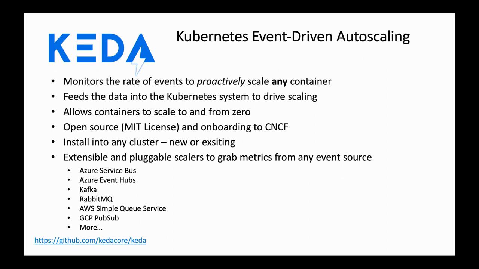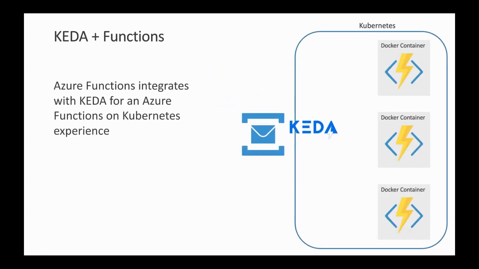I mentioned you can install it onto any cluster, and it has a bunch of event sources. I only listed a few here: Azure Service Bus, Event Hubs, Kafka, RabbitMQ, AWS services, Google Cloud services, Red Hat services. There's a bunch here that now Kubernetes knows about these events, and it can now treat your containers like serverless containers, okay? So KEDA is an important thing to note.